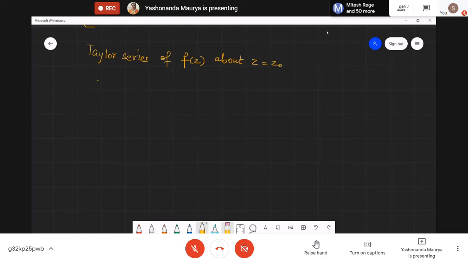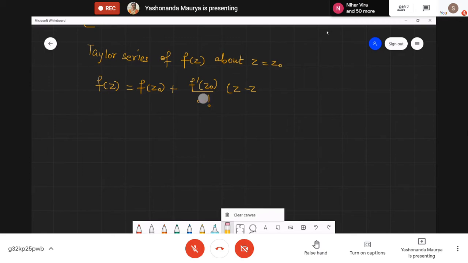What is the expression for that? It is f of z is equal to f of z0 plus f dash of z0 upon 1 factorial into z minus z0, first derivative.